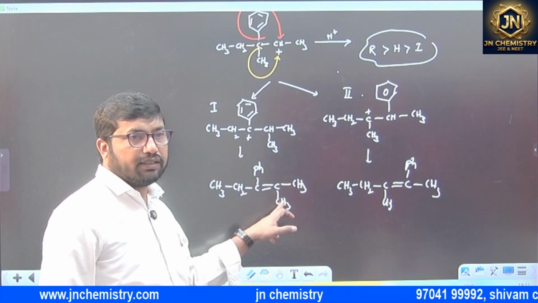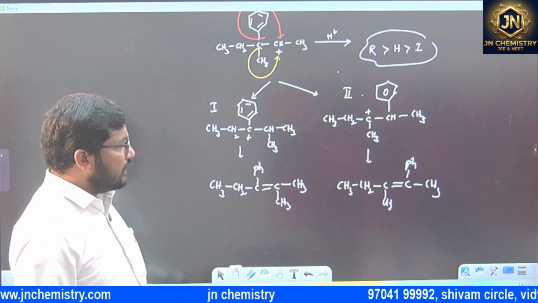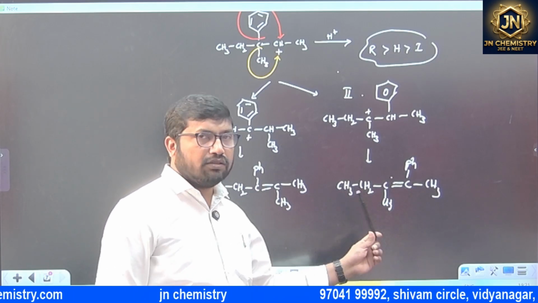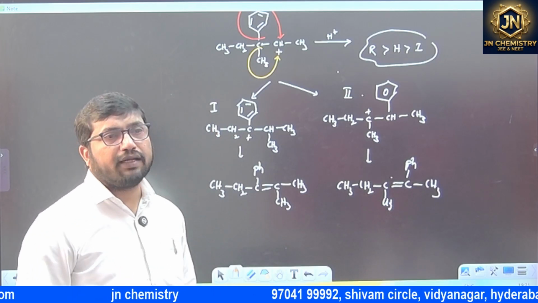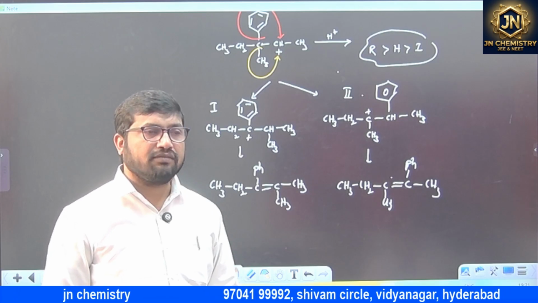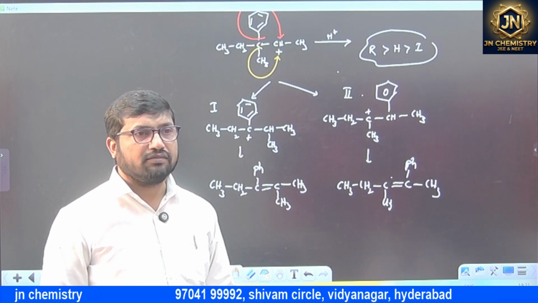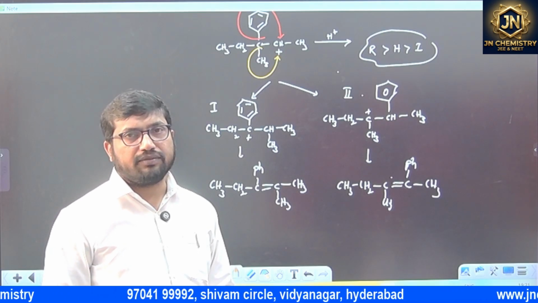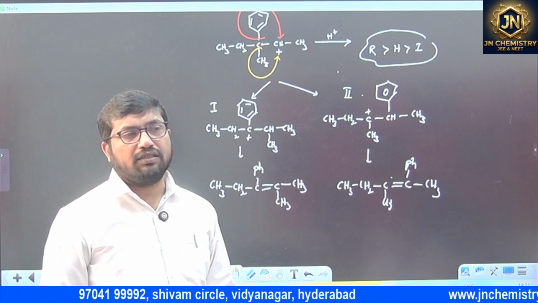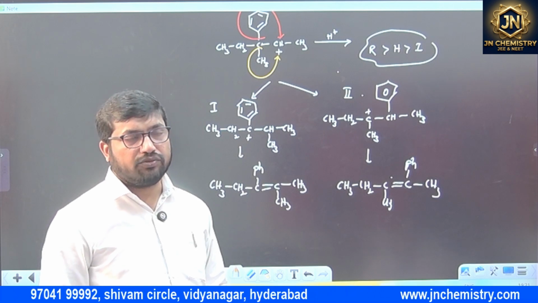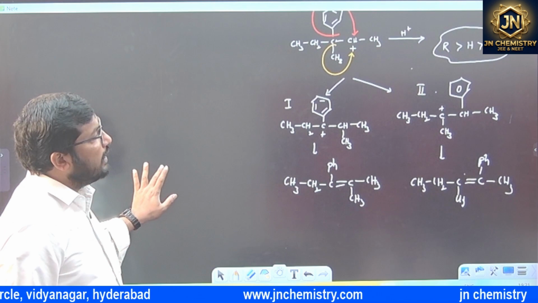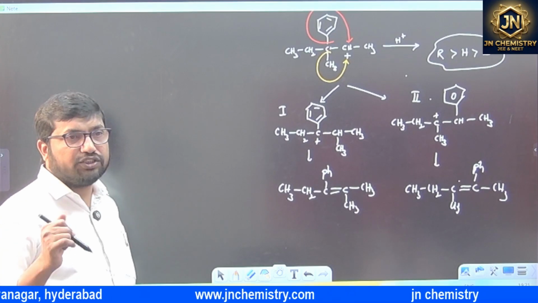Methyl, same groups are there, so it won't show geometrical isomerism. The other shows the geometrical, cis and trans. So alkenes, cis and trans, are called enantiomers or diastereomers? Enantiomers is not possible because it would need a chiral center.